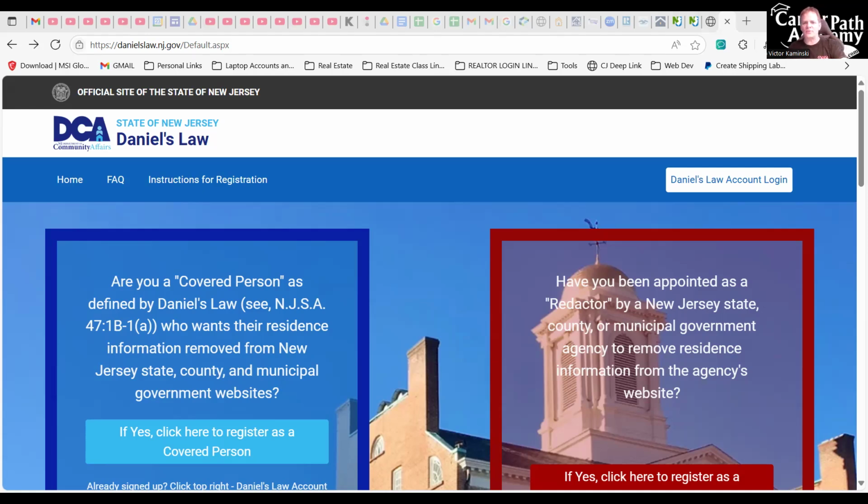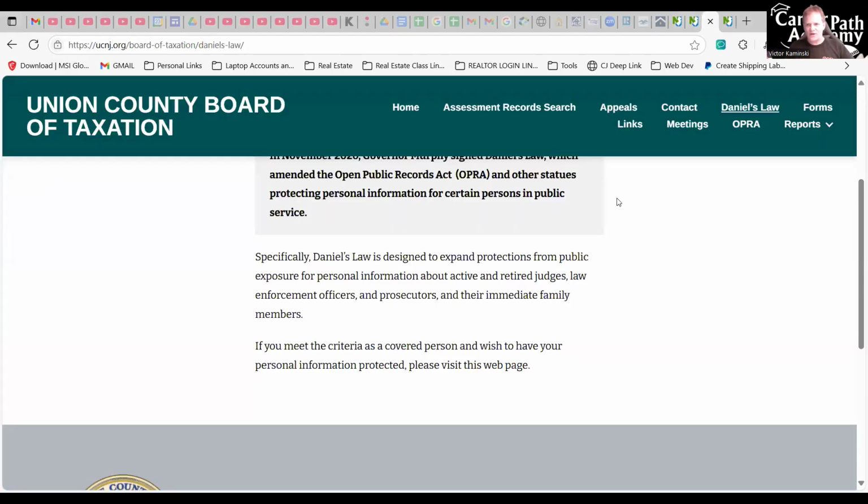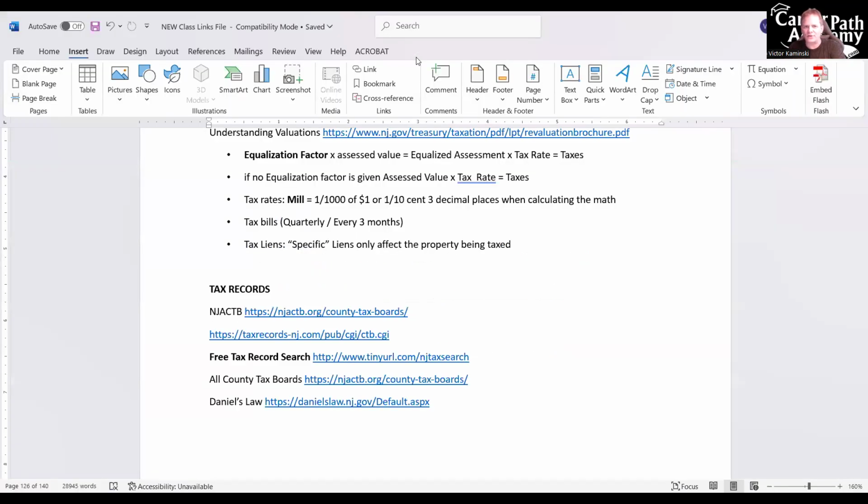Now, when you become members of an MLS, you're going to have a central database that you could search all the tax records in the state. You're paying for a subscription for that. It's part of the MLS. But as far as free and open to the public, those searches, no more.